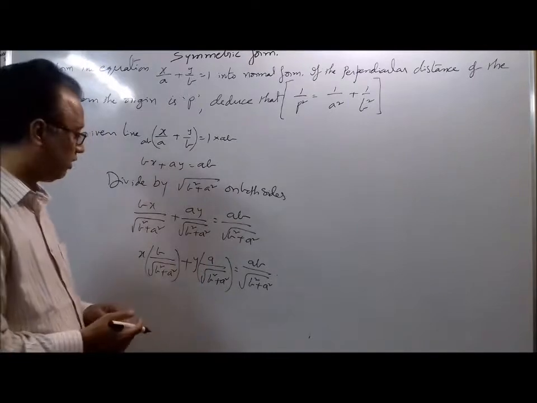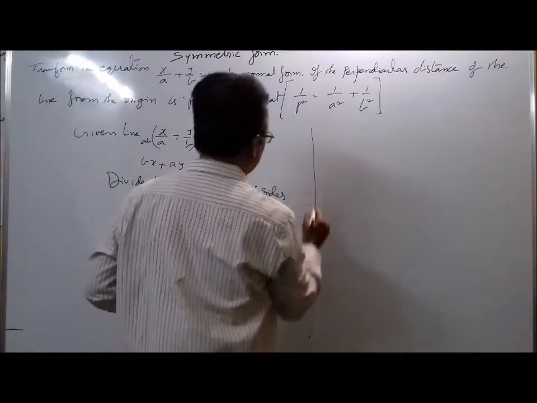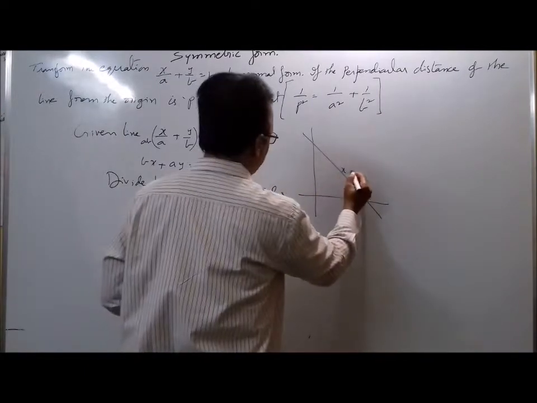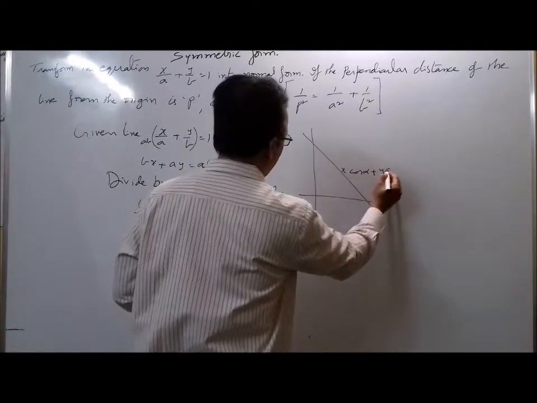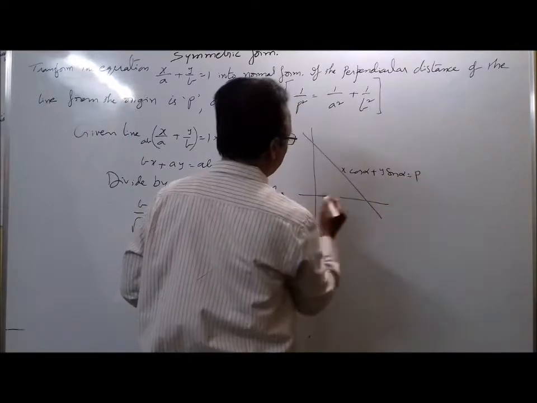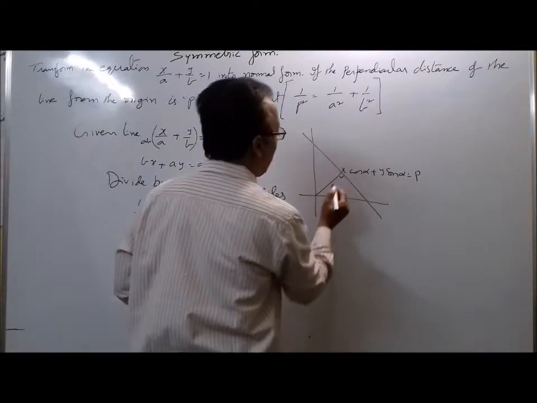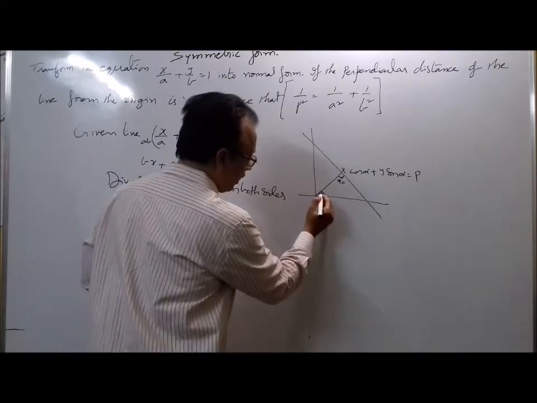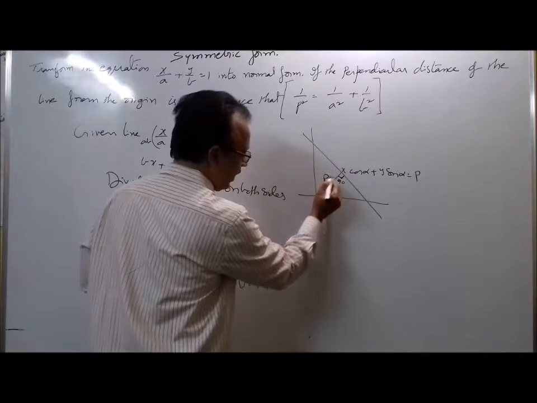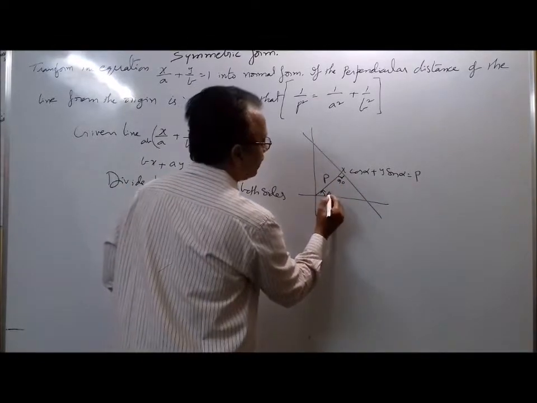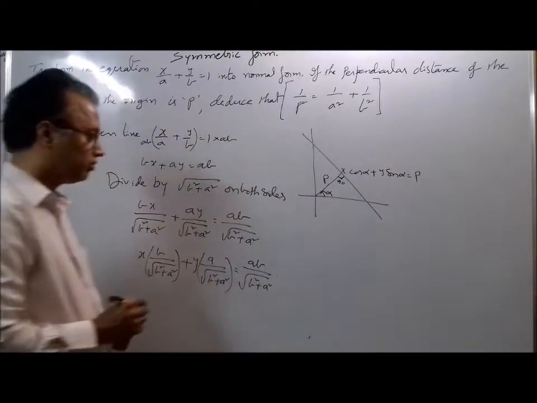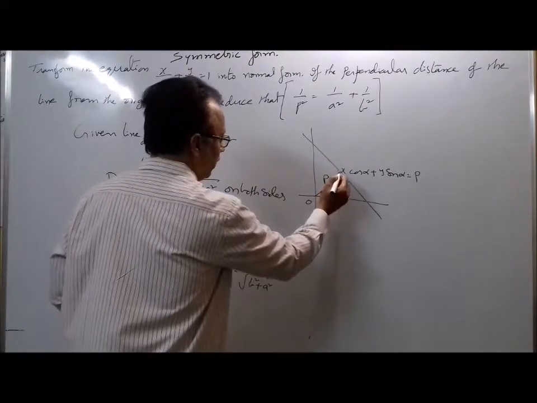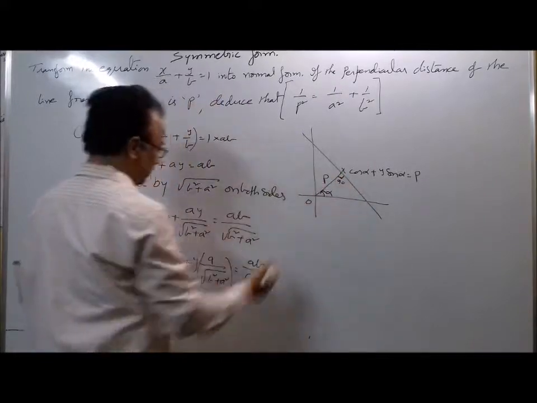We discussed this in the normal form. So suppose the line is like this. This is a line. The line is x cos alpha plus y sin alpha is equal to p, where this is the length of the normal, perpendicular. This is the normal, of length p, and this is the angle alpha. So the distance from the origin is p.